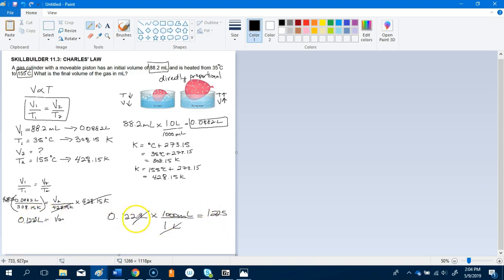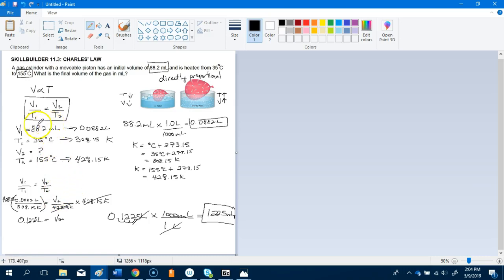So when I multiply by 1,000, I get 122.5 milliliters. And that's what the final volume is going to be when I raise the temperature of the gas to 155 degrees Celsius.